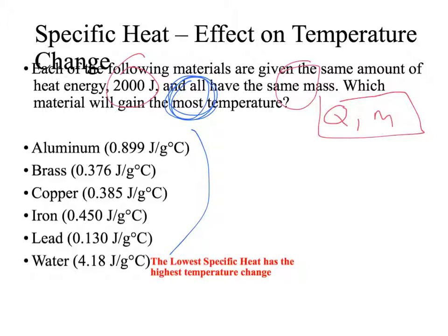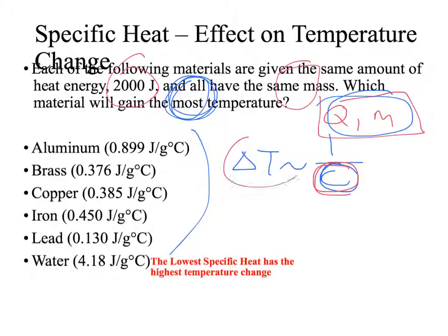And we already talked about this, but the change in temperature is proportional to 1 over C if Q and M are constant, which means a very big C is going to end up with a very small delta T, and a very small C is going to end up with a very big delta T.